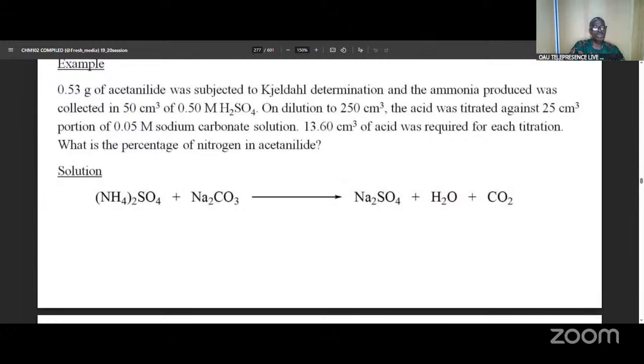On dilution to 250 cm cube, the acid was then titrated against a 25 cm cube portion of 0.05 molar sodium carbonate solution.